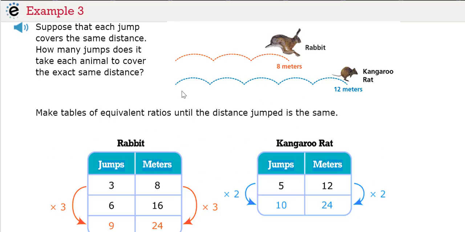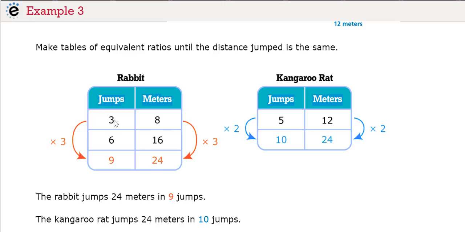What we want to do is work with equivalent ratios, continuing to work up the increments, step by step. Let's take a look at the rabbit's box to start. In 3 jumps it was able to travel 8 meters. If that's the current pace, then in 6 jumps it's going to travel 16 meters, right? 3 more jumps, 8 more meters.